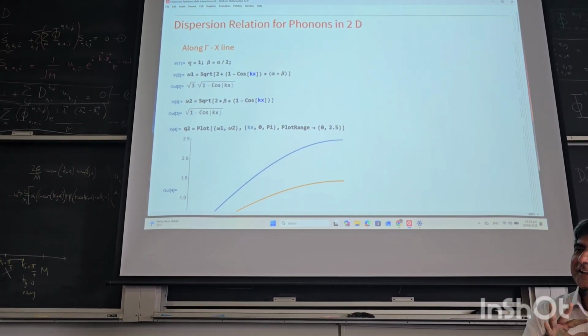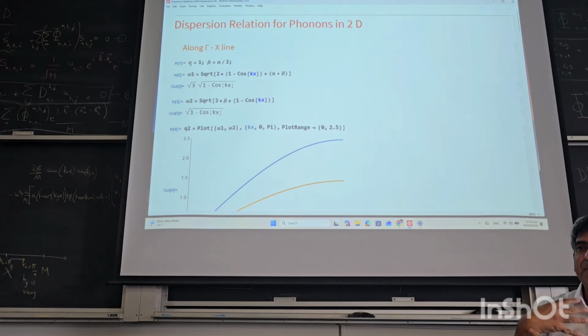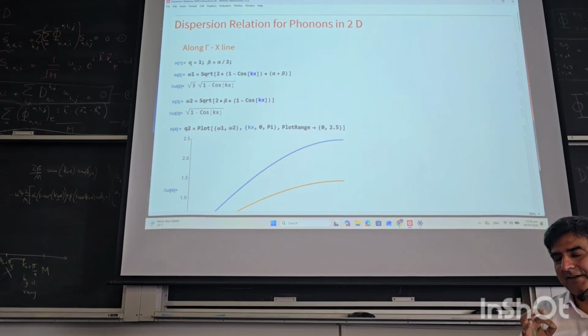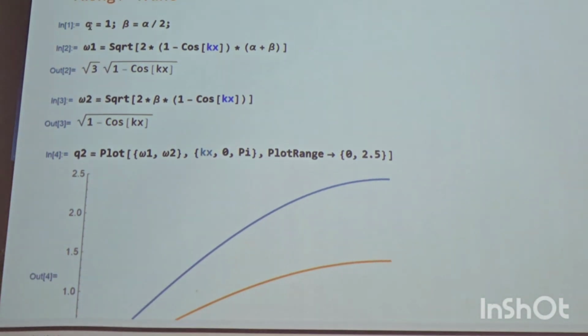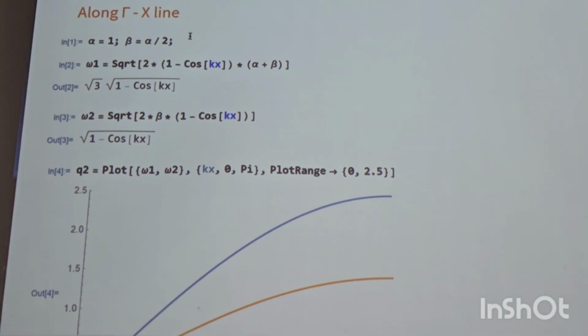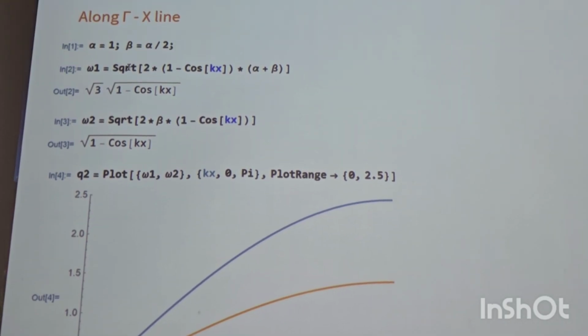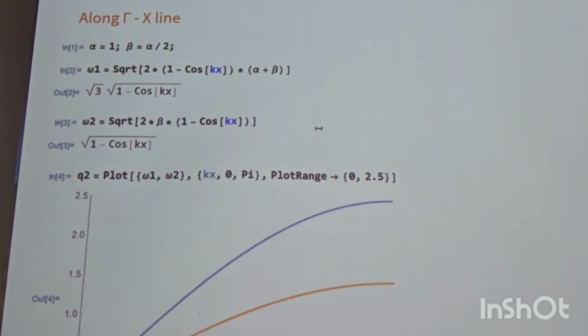Alpha I take to be 1 unit and beta is half of it, and my unit length, the lattice vector A, I take to be 1 unit. Then along the gamma X line, I find omega 1 and omega 2, the 2 roots of the determinantal equation where the determinant is set to 0.